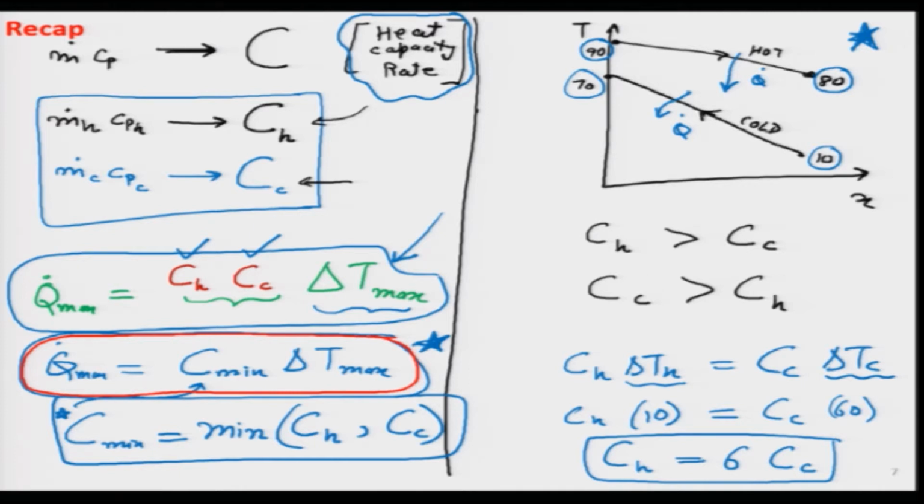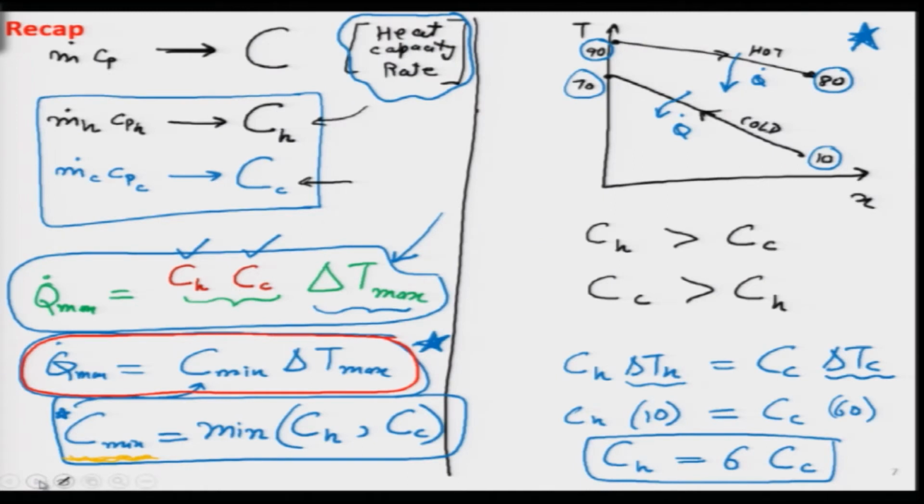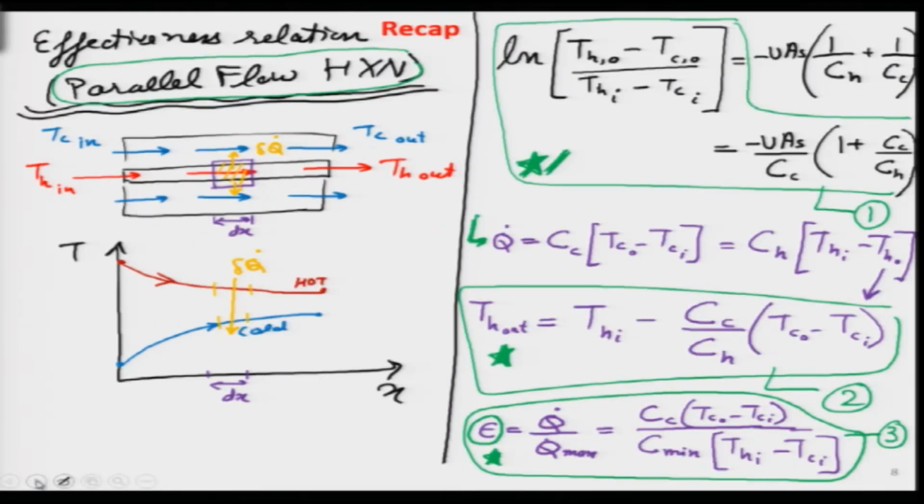What we want to figure out is which of these two C's has the minimum value, because we multiply the minimum C with the maximum delta T, and that gives us the Q dot max, which will be the denominator in the epsilon equation. In some cases we have the value of Q dot actual, we can calculate effectiveness and figure out the value of NTU.